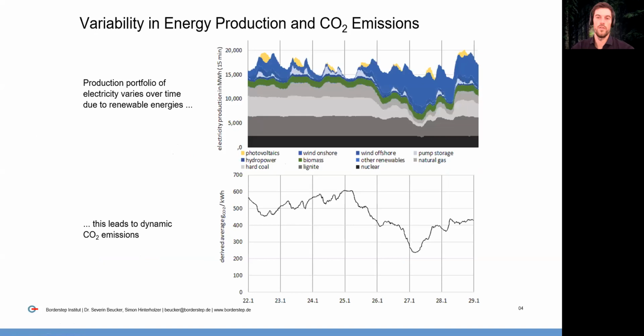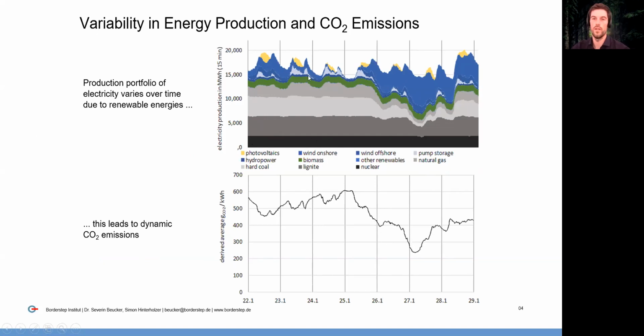For our calculations in the paper and for the research project, we've calculated the CO2 emissions for the whole year of 2019 for each quarter hour, for each 15-minute interval. And you can see here 1 week in January, there is only low solar power production, but you can still see there is a huge variability in the CO2 emissions.